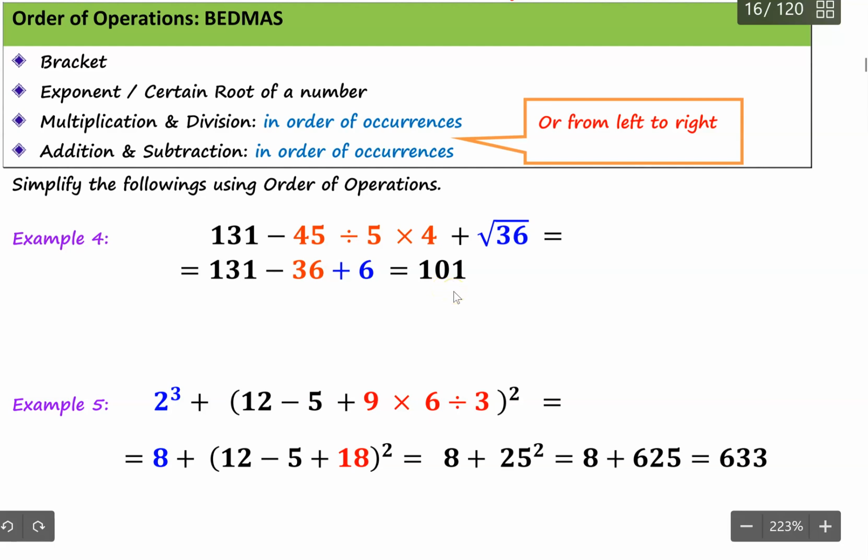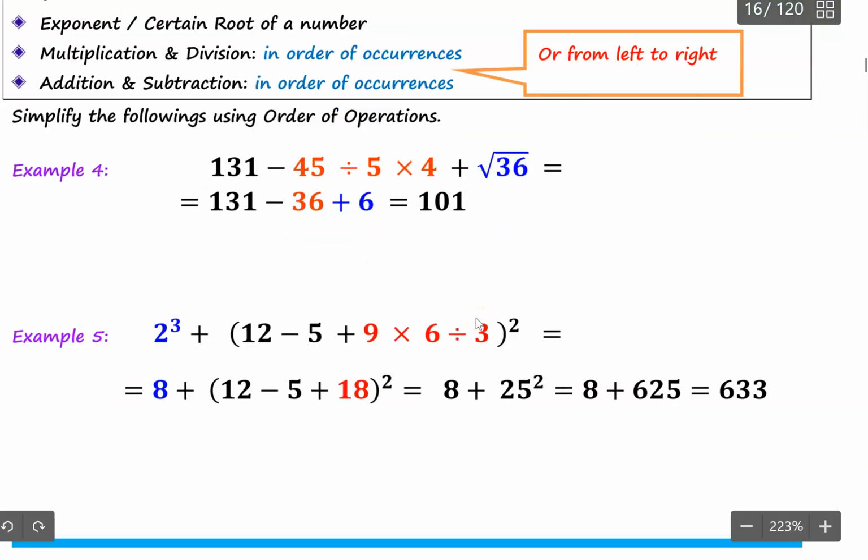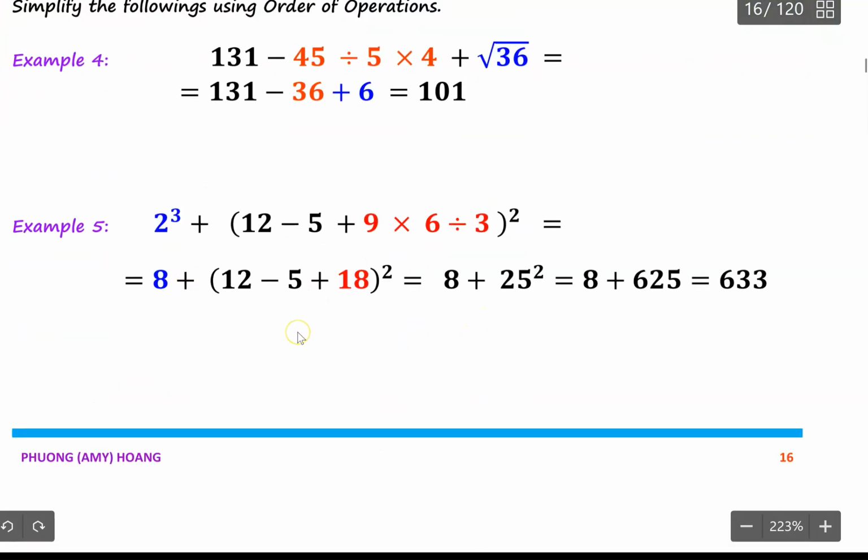Alright, let's move on to example number 5. For example number 5, BEDMAS. That means I have to perform the operation inside this bracket first. But inside this bracket, I also have several operations. You see that I leave the 12 and the negative 5 alone for now.